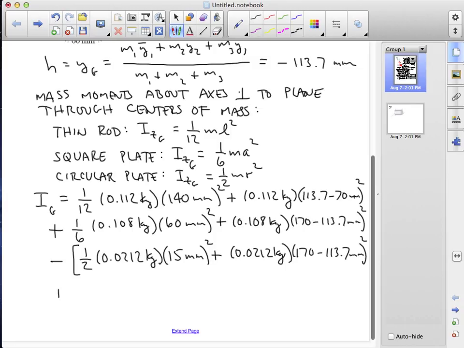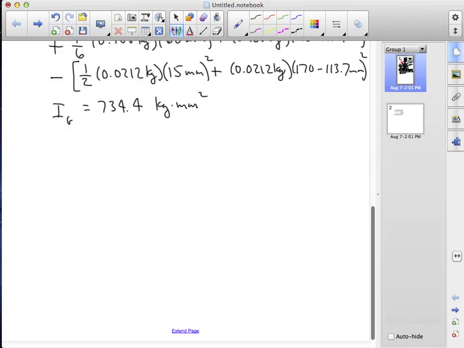We add all those values together and we get, for the mass moment about the center of gravity of the pendulum, 734.4 kilogram millimeters squared. Now we can generate the mass moment about any other parallel axis directly from this.